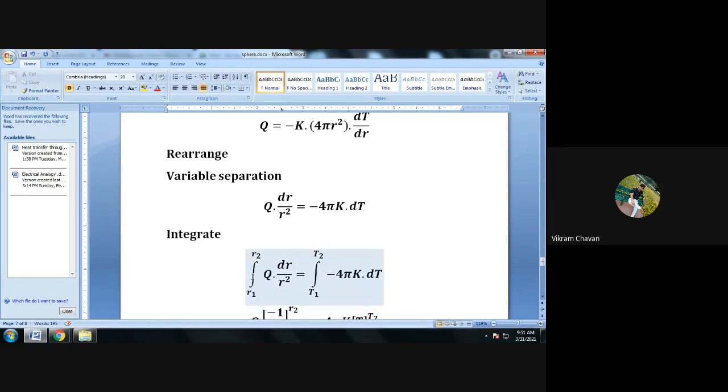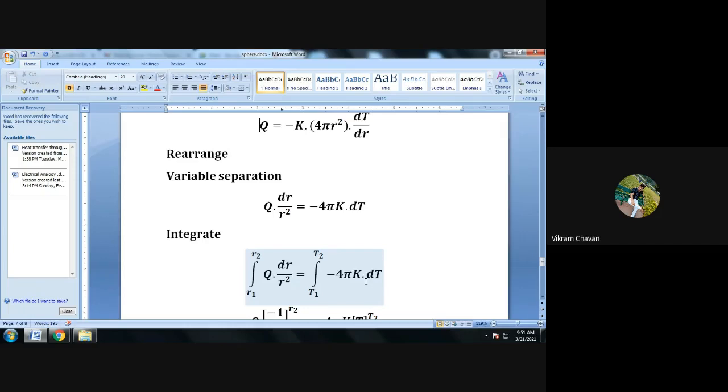So apply the limits and integrate: the integration from r1 to r2 of Q multiplied by dr divided by r square is equal to the integration from T1 to T2 of minus 4 pi k multiplied by dT.